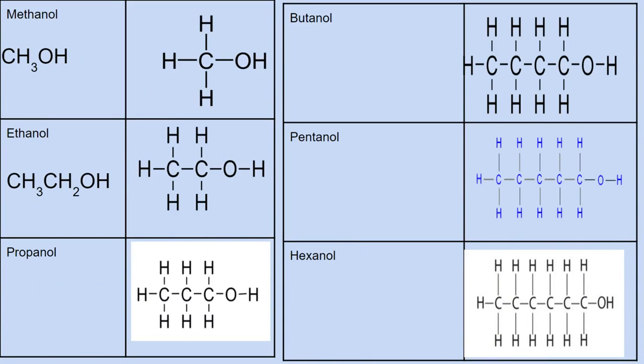So we've got the first 2 formulas there. We've also got the displayed formula for all the alcohols. See if you can write the formulas out. Pause the video, have a go at it.